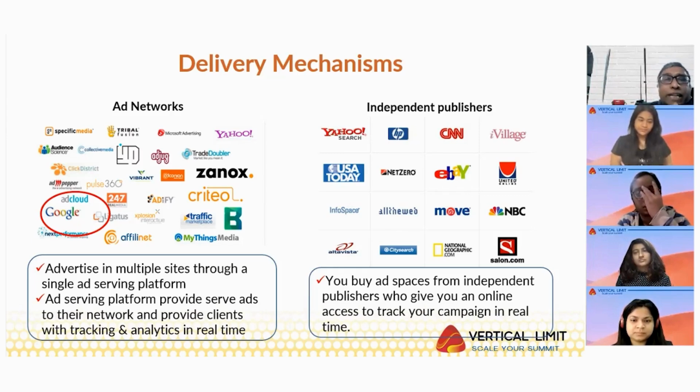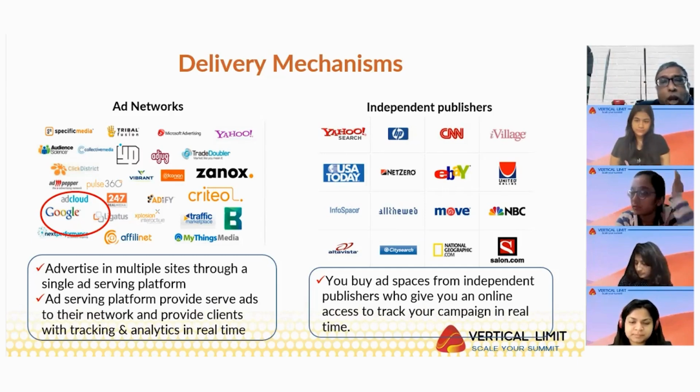If I want to advertise on Google and show a banner on a very website, Google has tied up with millions and millions of websites and told them, look, I am an advertising network. You tie up with me. I will sell advertising to advertisers. I will show ads on your website and I'll pay you a commission, right? So that's an ad network.